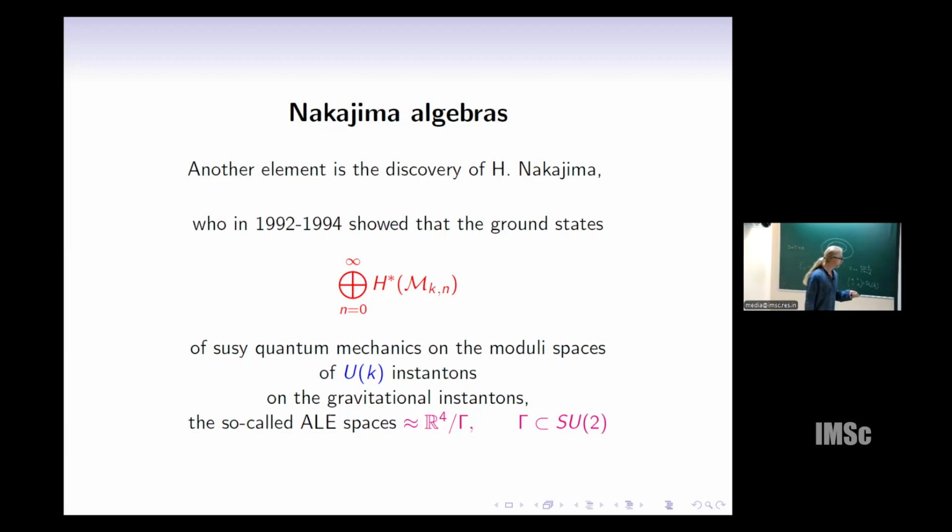Sometimes they're called Euclidean gravitational instantons. So if you study gauge instantons on top of these gravitational instantons and look at the moduli space of those instantons, and then you study the cohomology of those moduli spaces, which in physics terms would be the ground states of supersymmetric quantum mechanics.